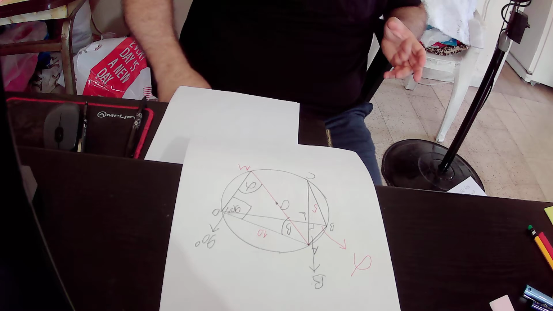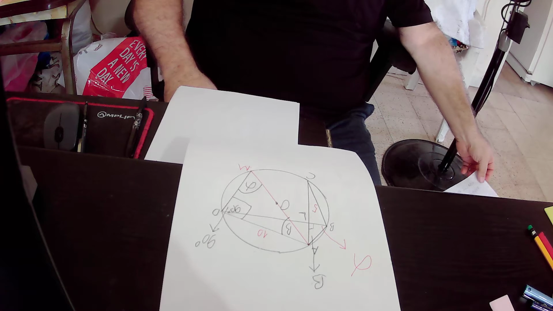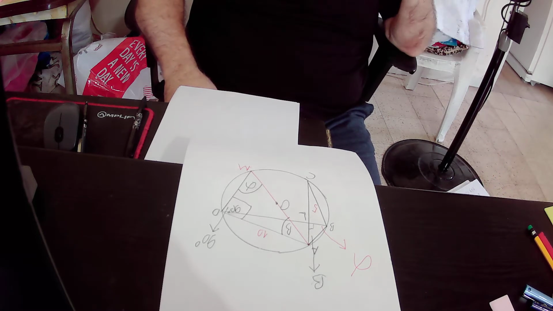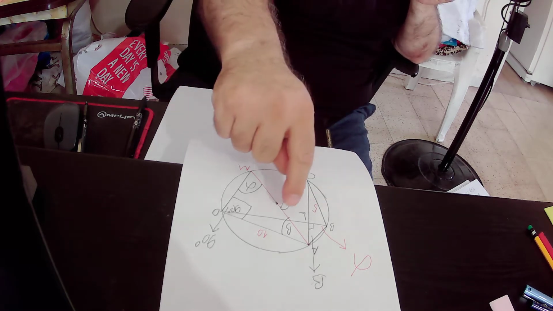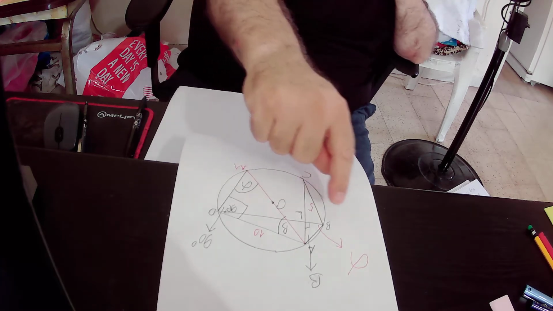Again, I defined it a little differently, but I can also define rule number 3 as stating that equal peripheral angles rest on equal chords. Those peripheral angles are equal to each other, therefore they rest on equal chords.